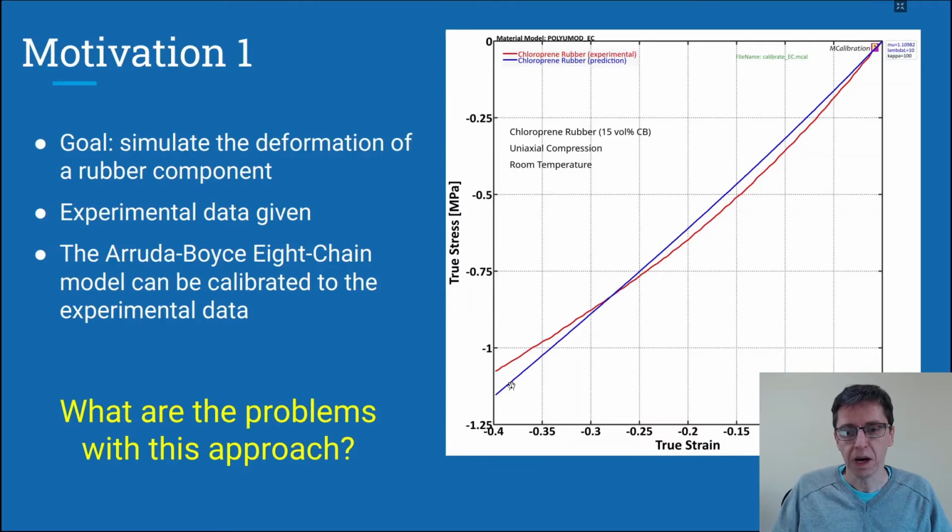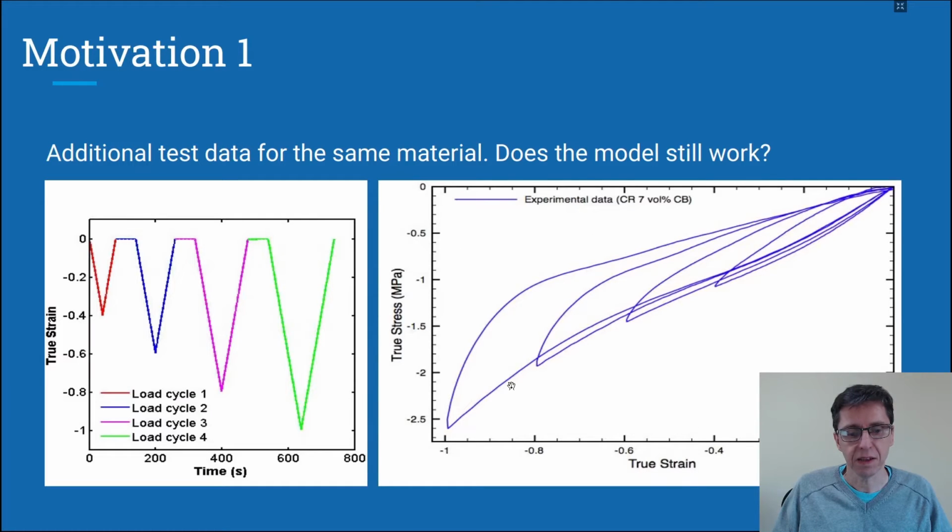If you go back and think about this a little bit more, you may come up with the idea that maybe you need more data. Here I have additional experimental data for this same material. In this case, I tested this rubber cyclically in compression.